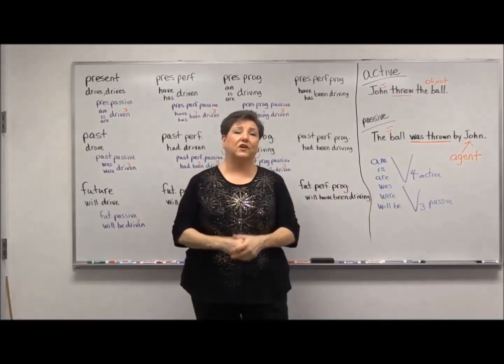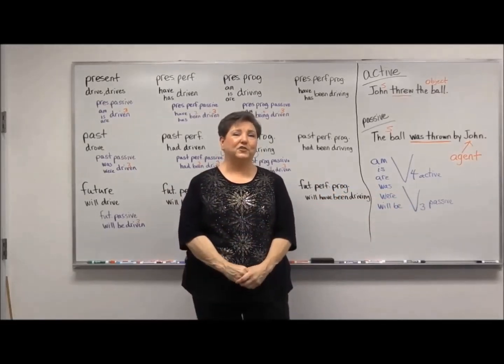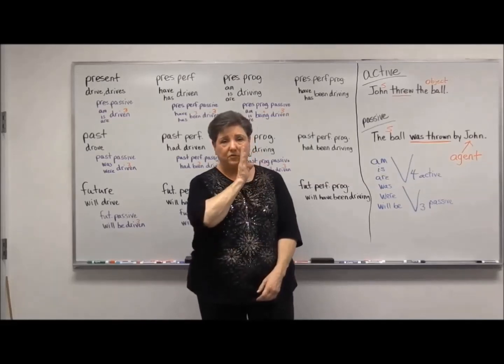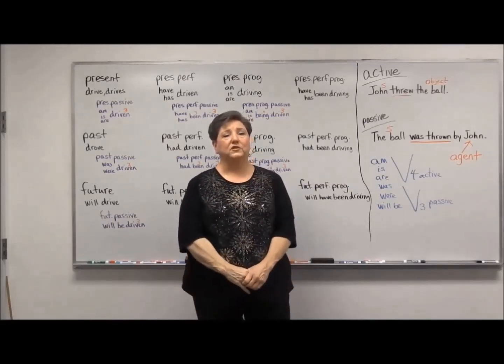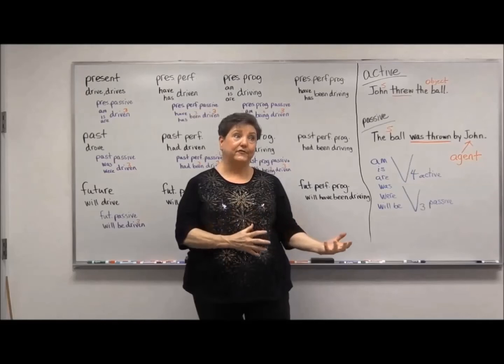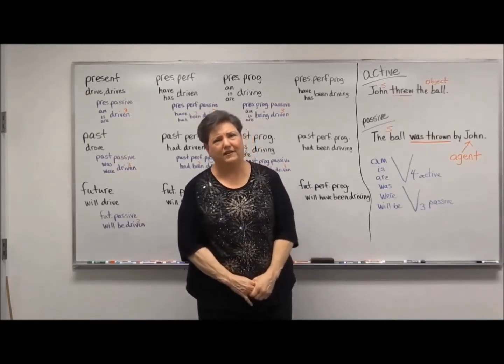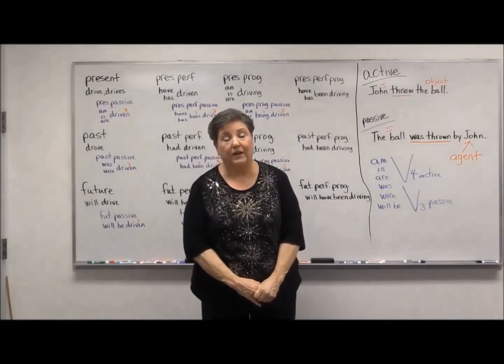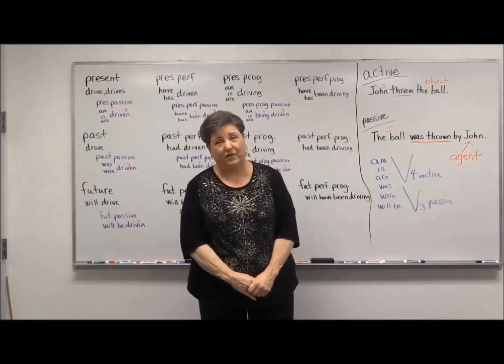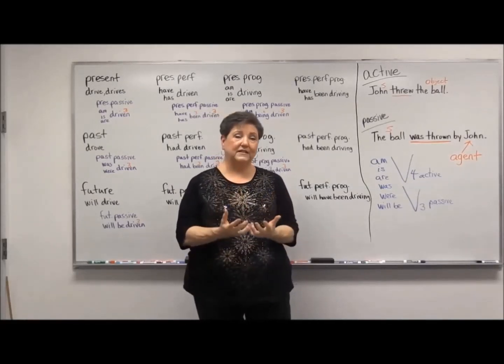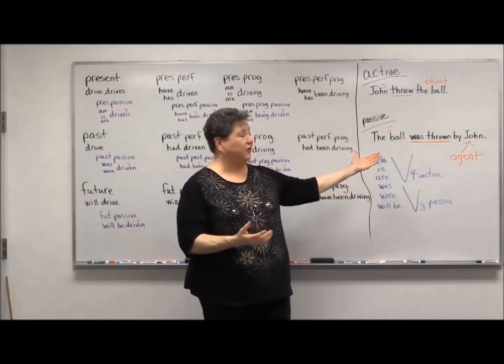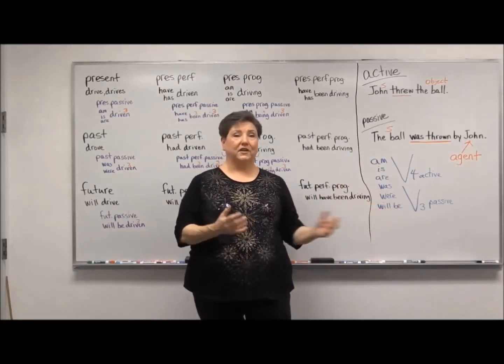There are some verbs in our language like that, so you should look them up. If you want to know the teacher word for them, the teacher words call those transitive and intransitive. I don't like to use teacher words much, but if you hear them, I want you to know what they're talking about. A transitive verb is one like throw. It can take an object.